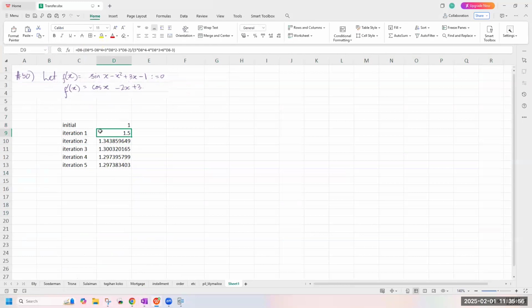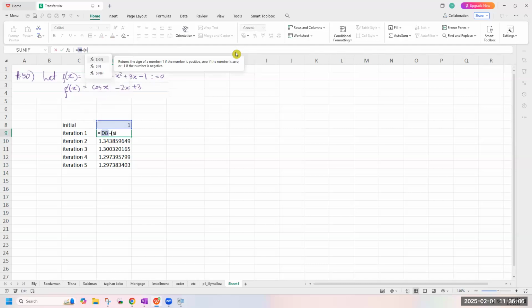So it will be D8, and then the numerator is, notice that the x here is in radians, so it's safe for me, and Excel actually recognizes radians, so that will be sine x, close parenthesis, minus x squared plus 3 times x minus 1, that's the f of x, right?